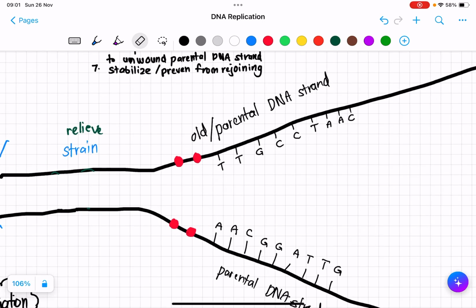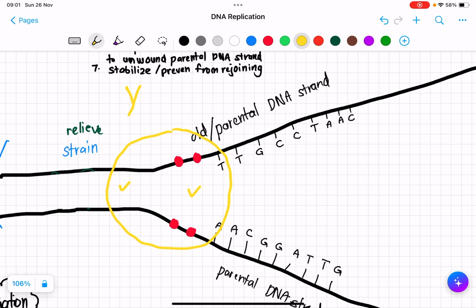So bila dia open, dia akan ada satu bentuk yang nampak macam Y, looks like Y. So kat sini nampak macam Y. So ada bahagian yang belum terbuka kat sini dan ada bahagian yang nitrogenous base dia sudah terbuka, sudah separate. So itu kita panggil replication fork.